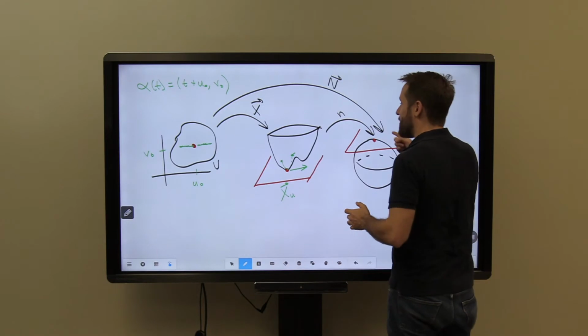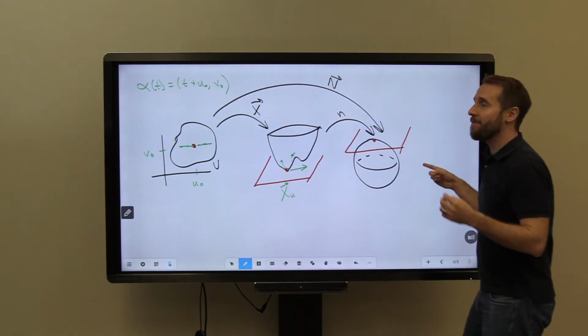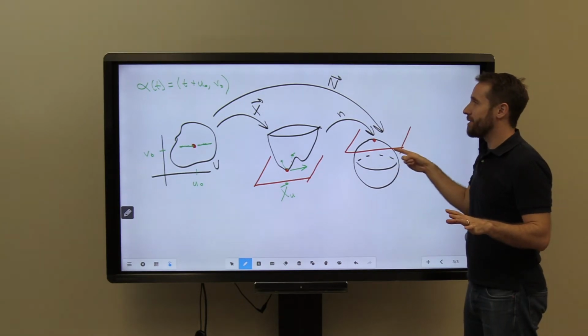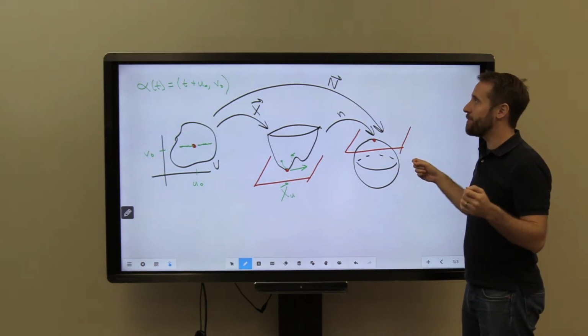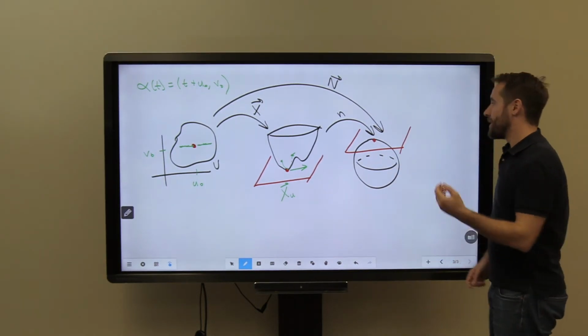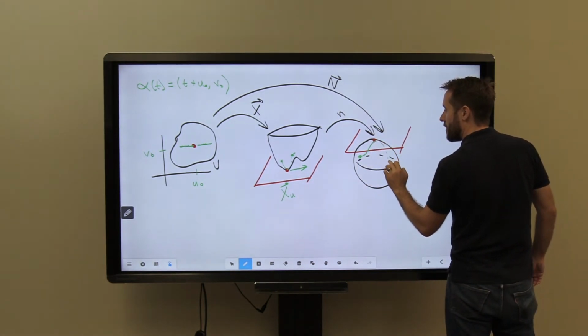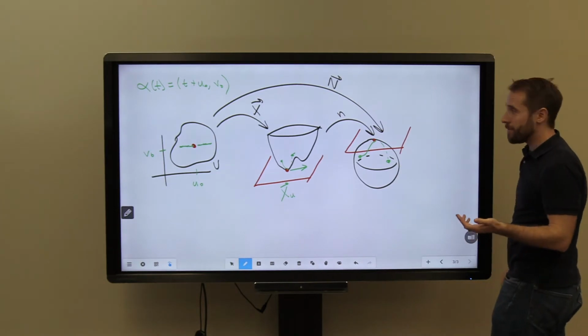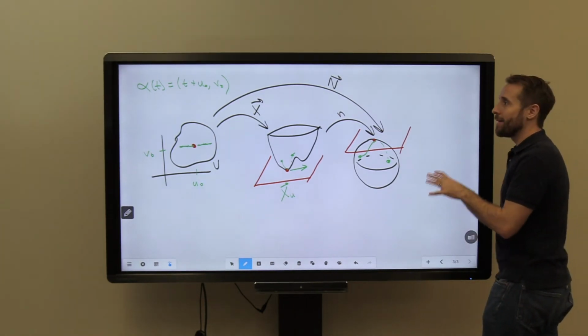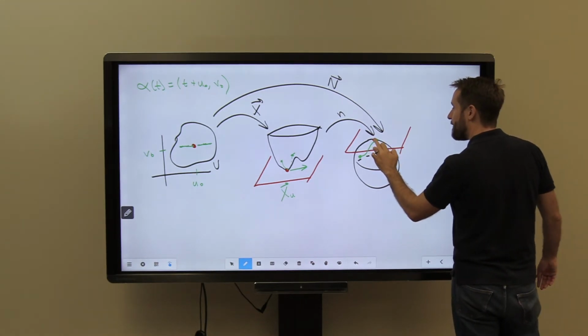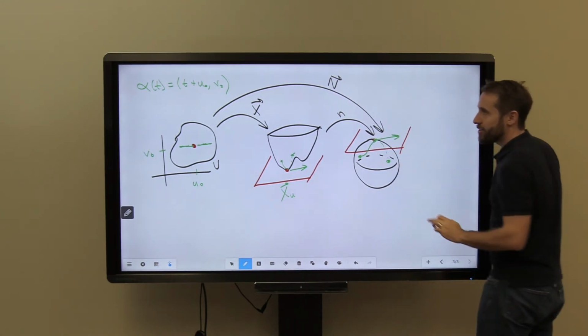But I can do the same thing for n. I have my map n that's mapping over to this space, and I can take the composition n of alpha. I'll get a coordinate curve down here, so there's my coordinate curve for this map. And if I take the derivative at 0, I'll get a vector in this tangent space.